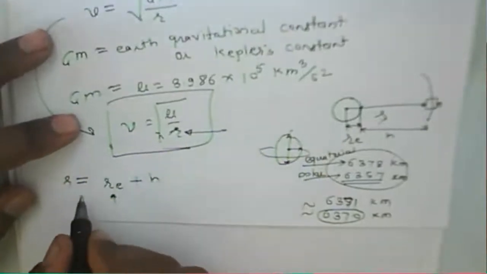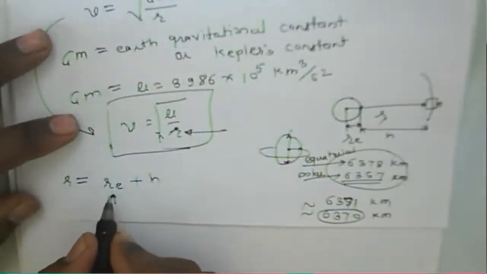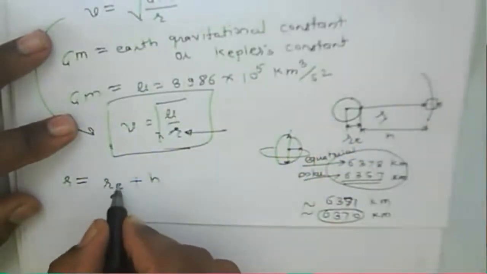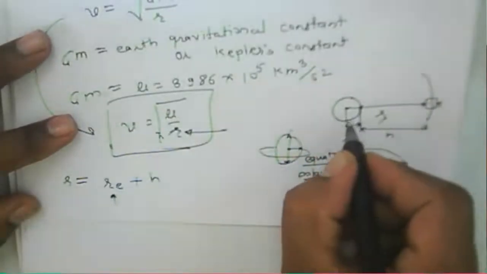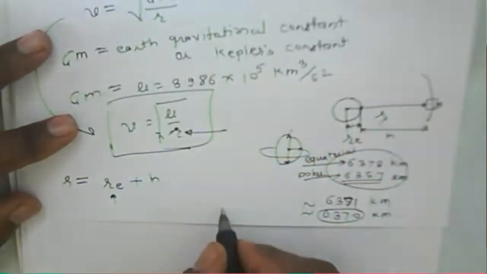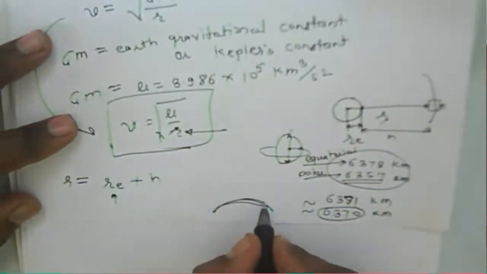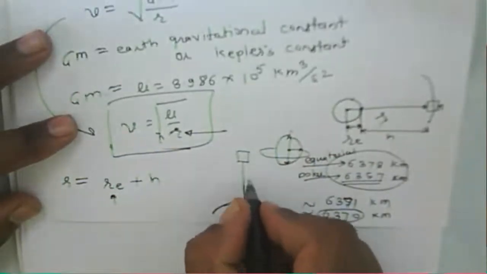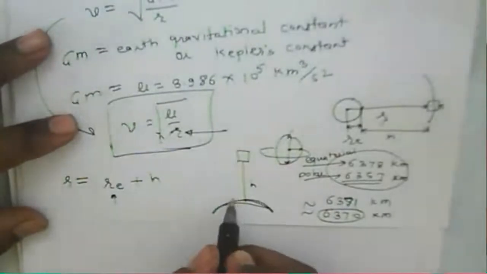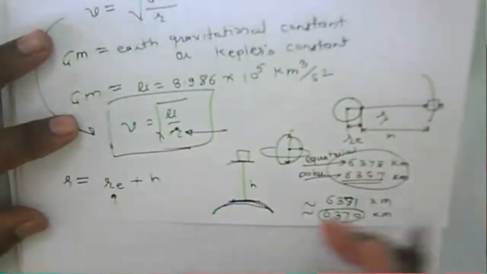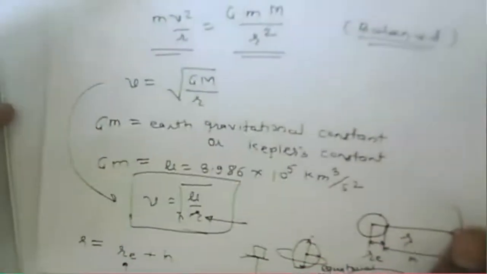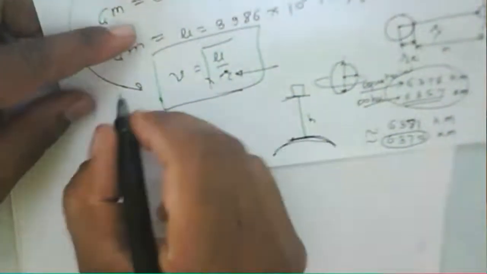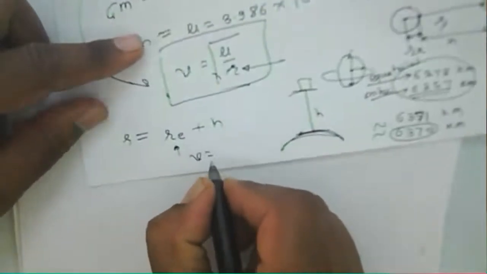So r is the distance of the satellite from the center of the earth. We rewrite it in terms of the radius of the earth as well as the altitude: the earth, and from its surface the satellite position, which is the altitude or height from the surface. This gives us the velocity of a satellite.